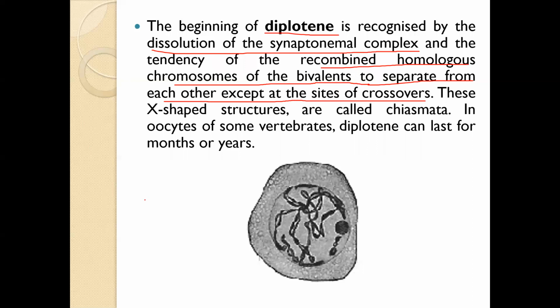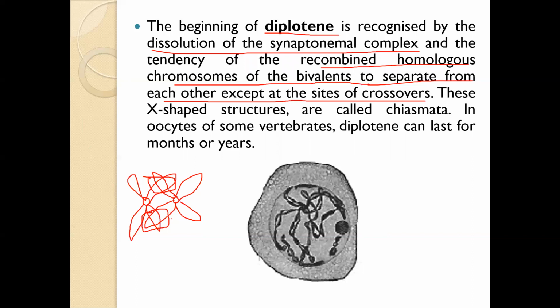So that means it produces an X-shaped structure like this one. I'm trying to draw a structure of the recombination process between the homologous chromosomes. This is the site where the crossing over occurs between the homologous chromosomes, and it forms an X-shaped structure.